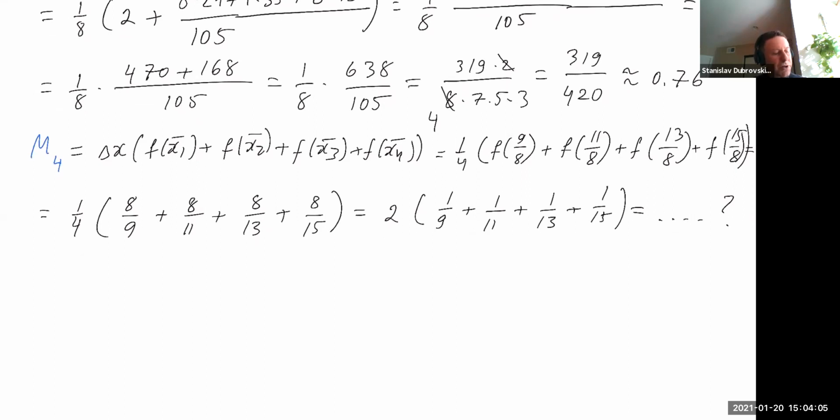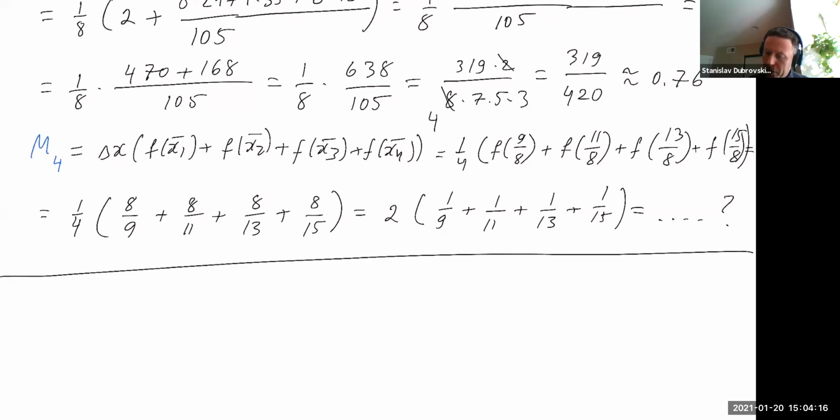Finally, let's talk about our last topic on the agenda, which is how good our approximations are. So we want to discuss errors of approximation. All right, so what do we mean by the error?